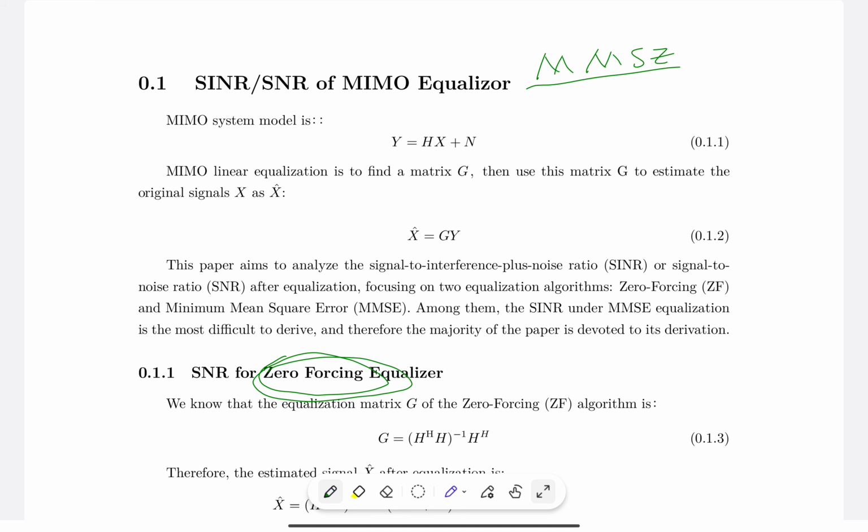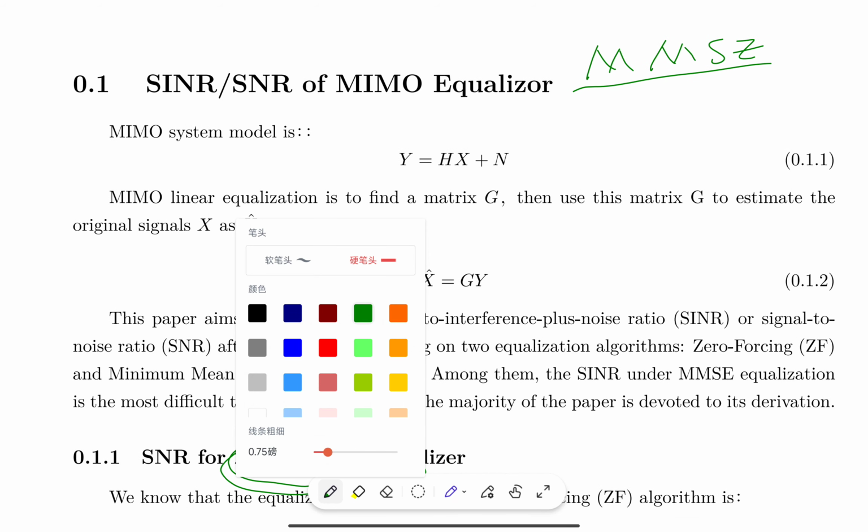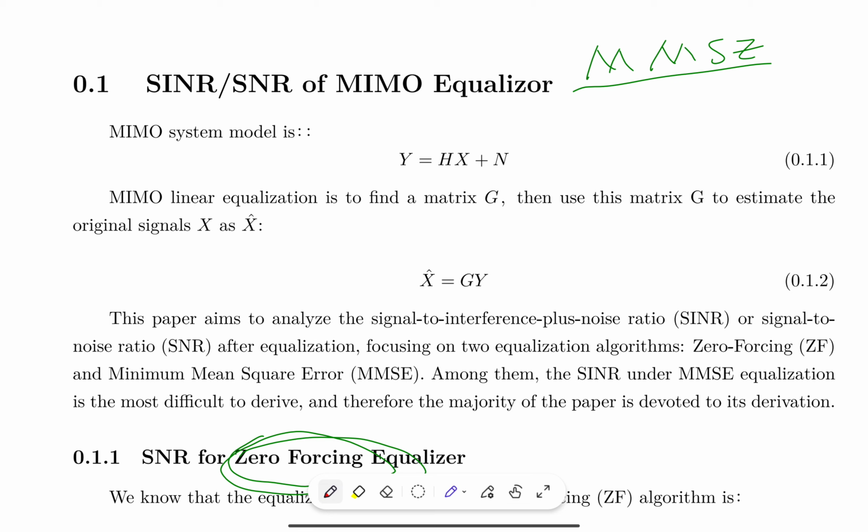So now let us look at the MIMO system model. This model is like this one. This N is the noise vector, and this X is the sending signal, the original signal.